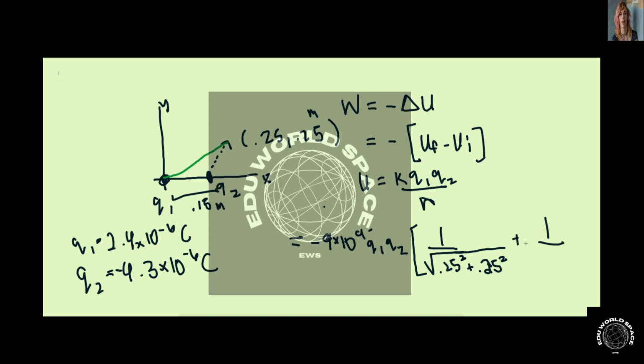And then minus the initial potential, which is the same prefactor with the initial distance. And so if you put that in your calculator, maybe you'll get what I got when I put that on my Mathematica sheet, which is negative 0.36 joules.